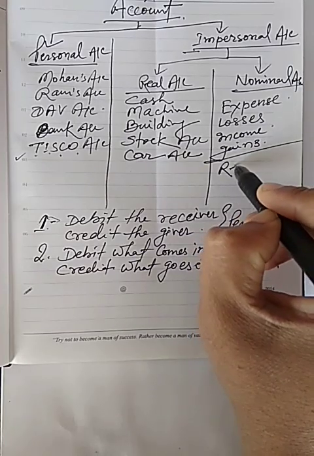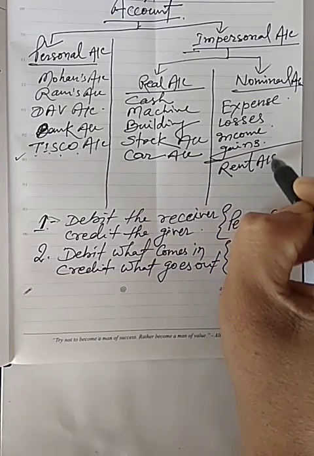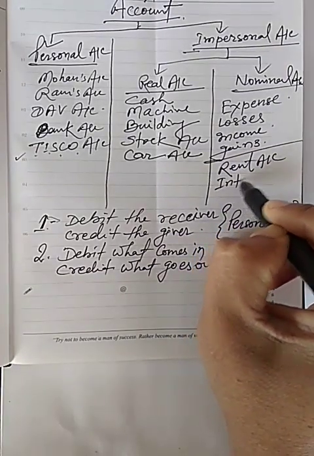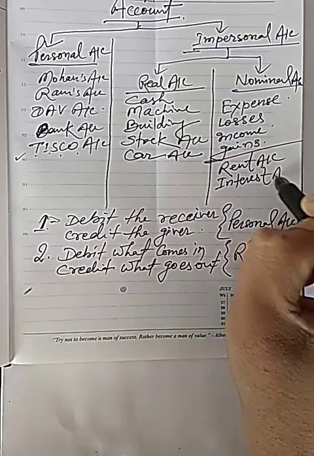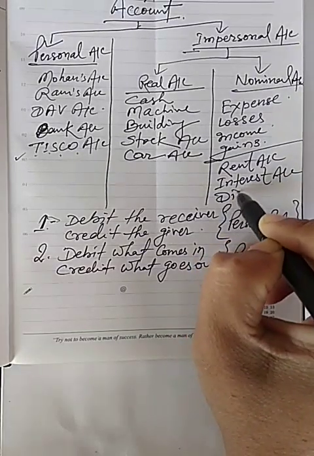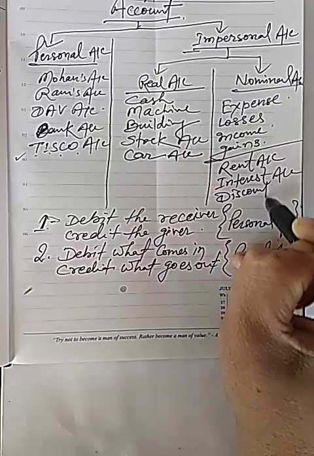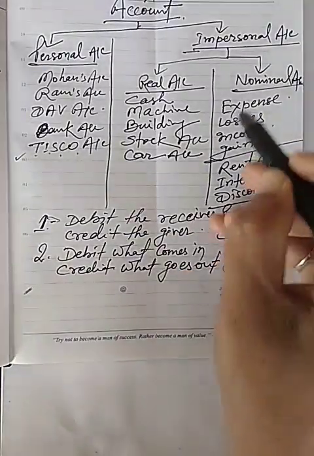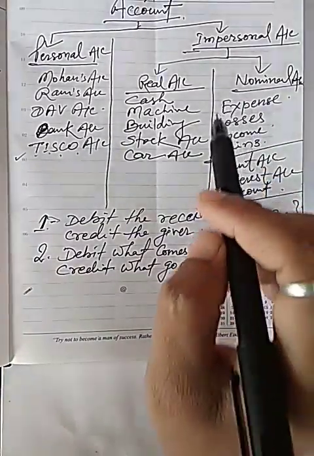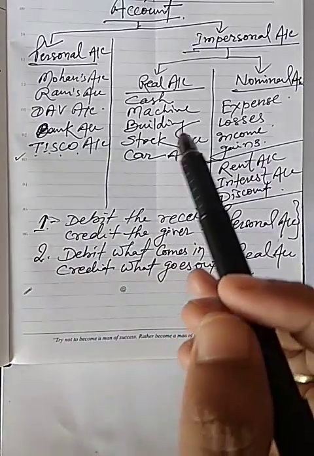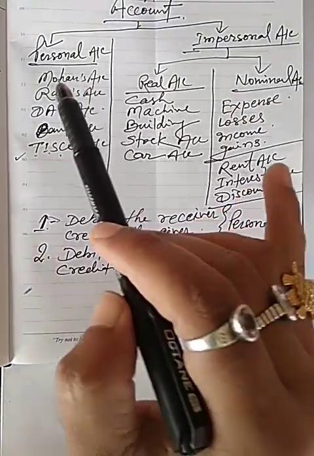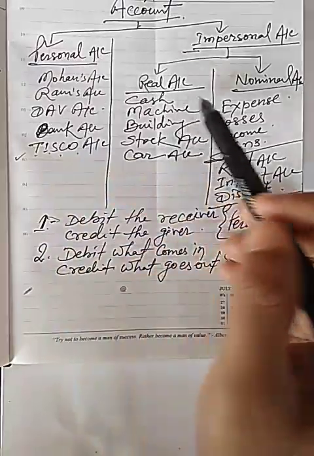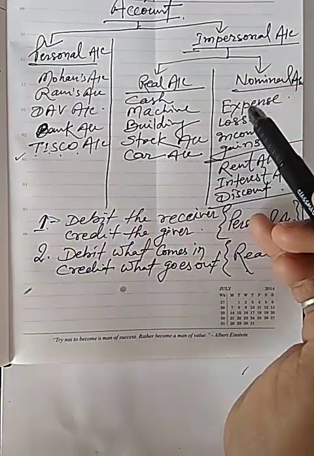For example, rent account, interest account, discount account, etc. come under the nominal account. So student, you have to know first there are three types of account: personal, real and nominal.